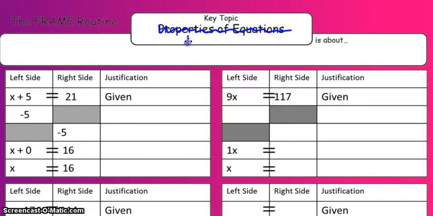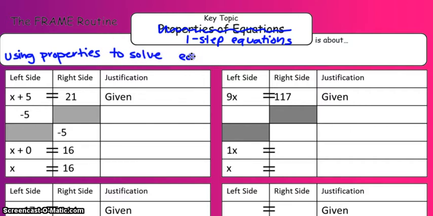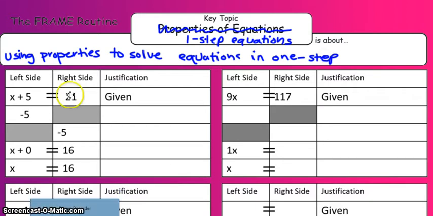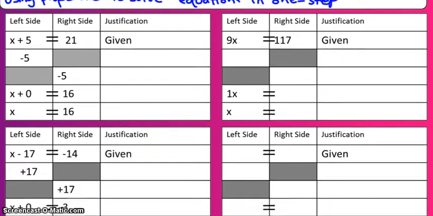This should be one-step equations. It is about using properties to solve equations in one step. Right now we are kind of using more than one step. Technically, these are one-step equations, but because of our properties, we're going to break them down into some more.